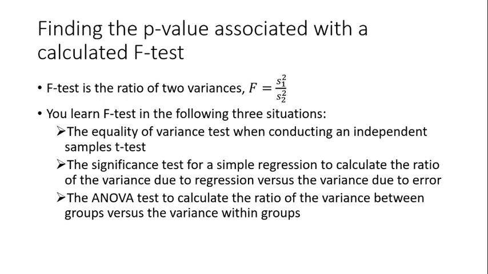So as you can see, in all three situations, you'll have two different variances from different sources, and you just need to calculate the ratio of that. That's basically how we created this F-test.